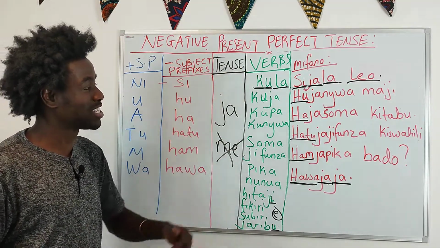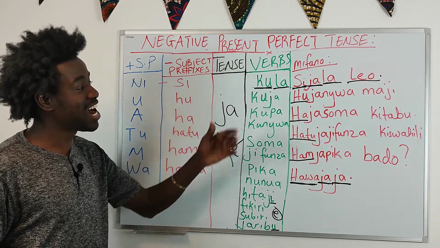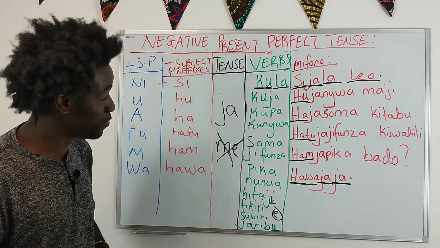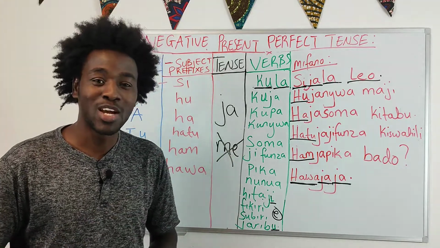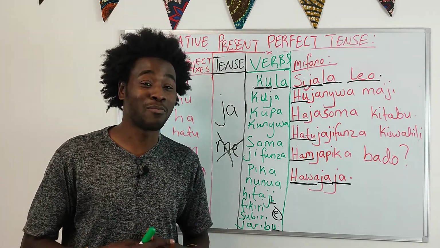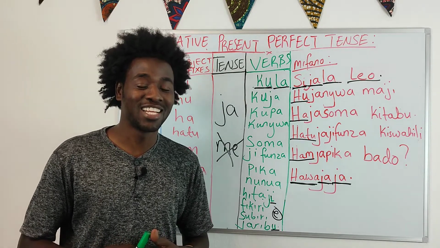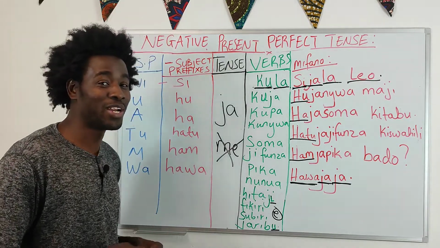And of course, you need verbs in order to make a sentence. Here are some of the verbs that I wrote for you. In Swahili we have two categories of verbs: the verbs which are from Bantu origin and the verbs which are from Arabic origin. The verbs from Bantu origin all end with the vowel a.